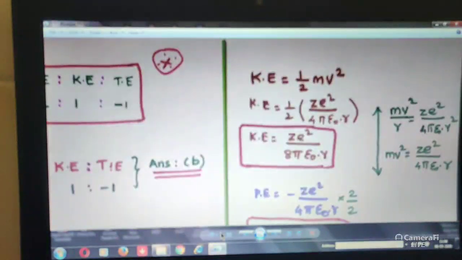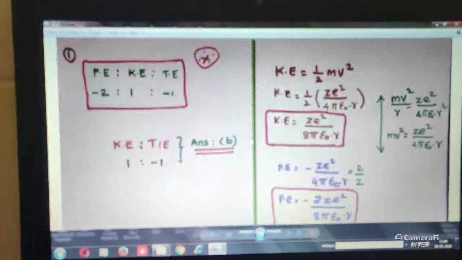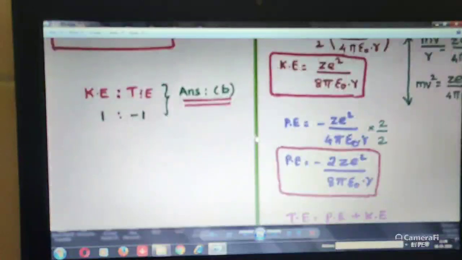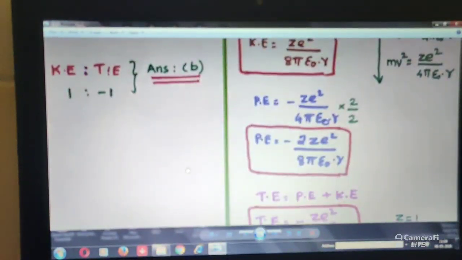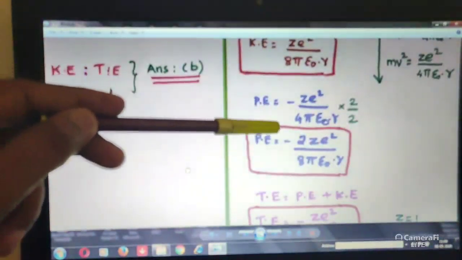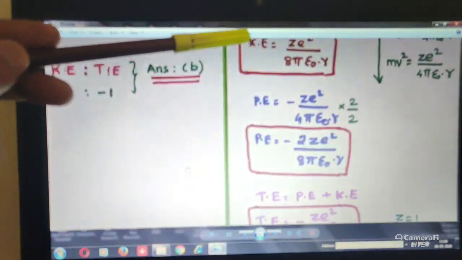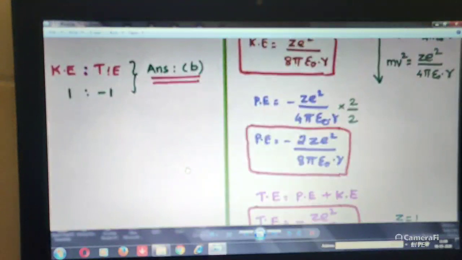Okay, right. See the next step, potential energy. I mentioned it in blue color. Generally the potential energy U is equal to 1 by 4π epsilon naught, Q1 Q2 divided by R. You studied this in the electrostatics lesson.